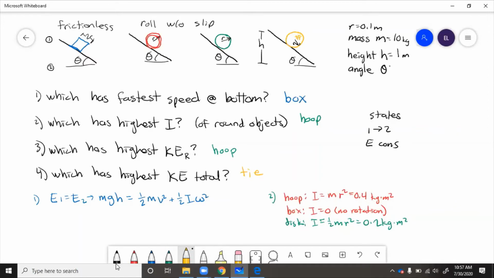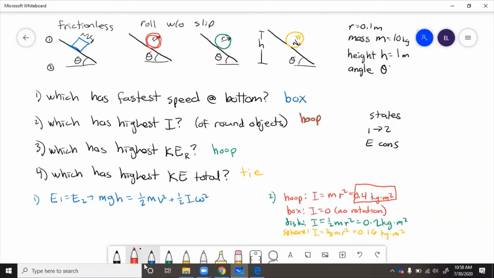And then for the sphere, I equals 2/5 mr squared, which equals 0.04 kilograms times meter squared. So we can see that the hoop definitely has the greatest there. So we'll actually say hoop. Let's make that red.